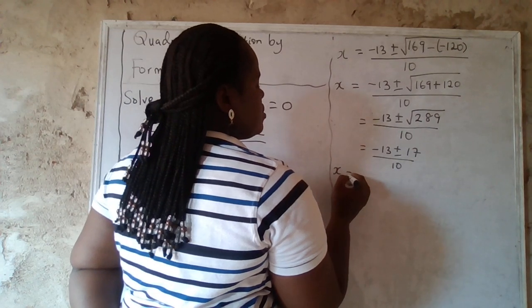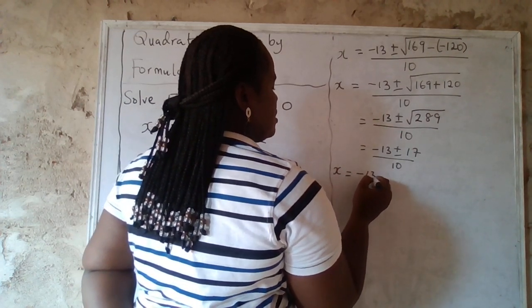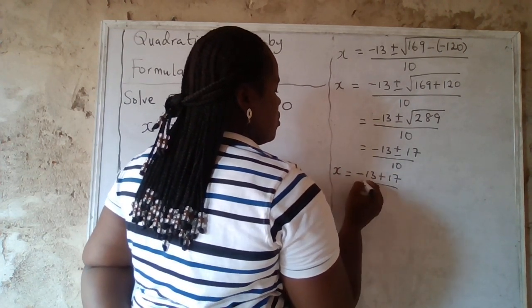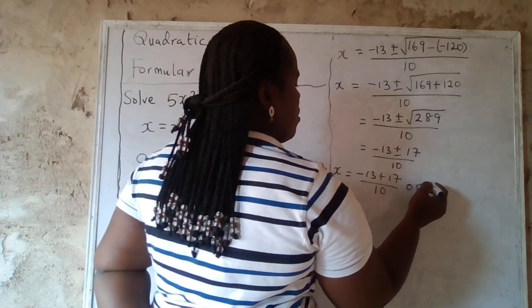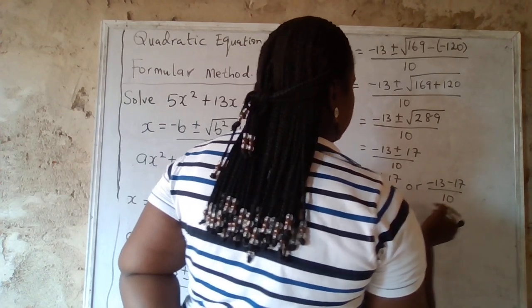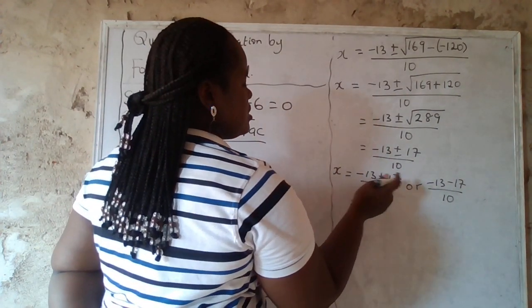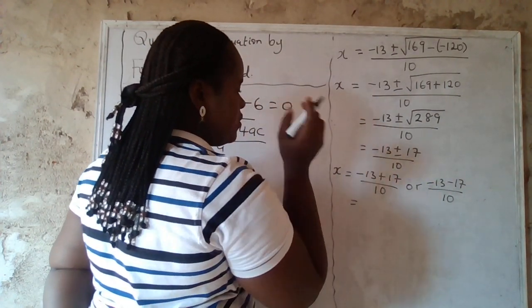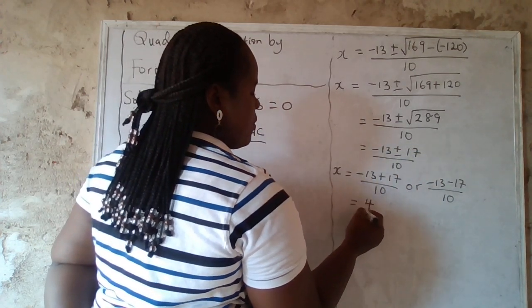Therefore, x is going to be either minus 13 plus 17 all over 10 or minus 13 minus 17 all over 10. So minus 13 plus 17 will give us 4 over 10.